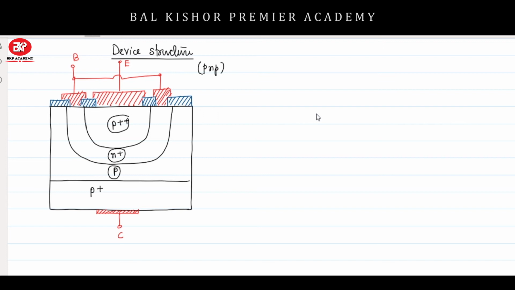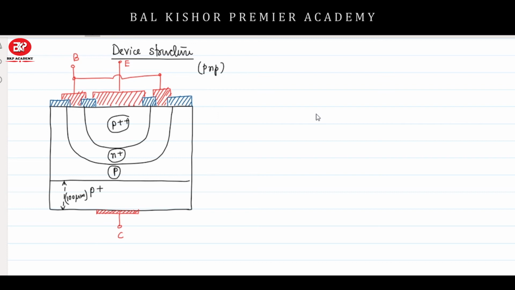The P plus region at the bottom is the substrate of this transistor, about 100 micrometer thick. Originally the transistor is in the upper region: P plus, N plus, P.